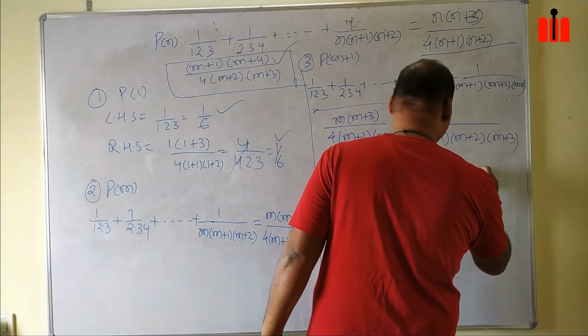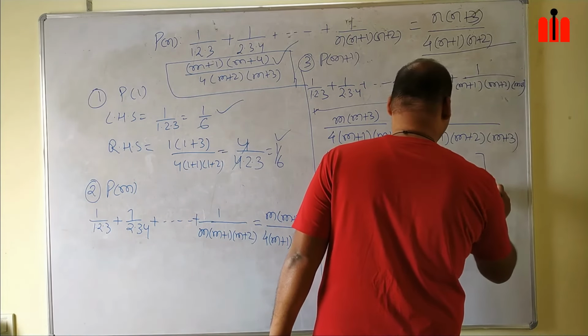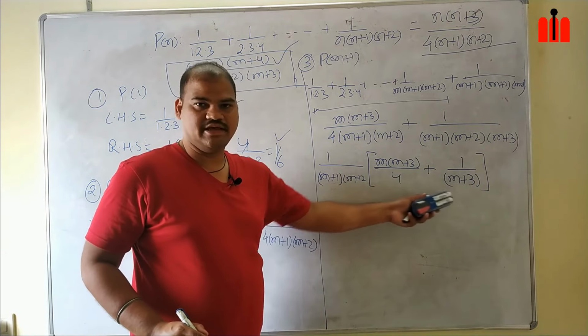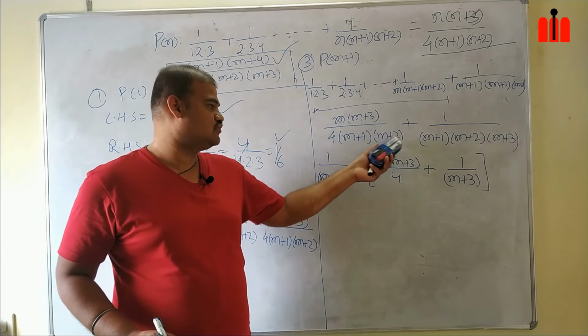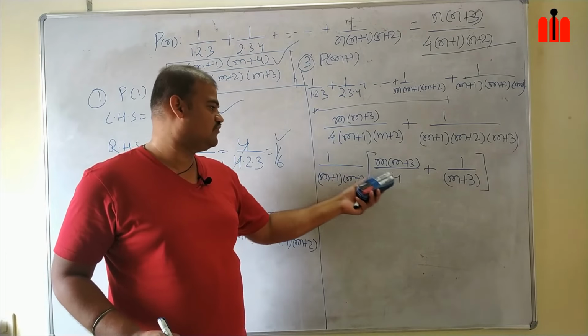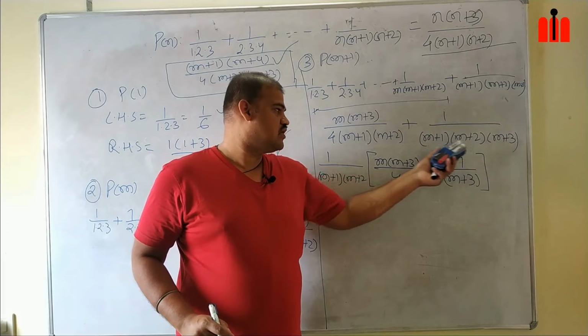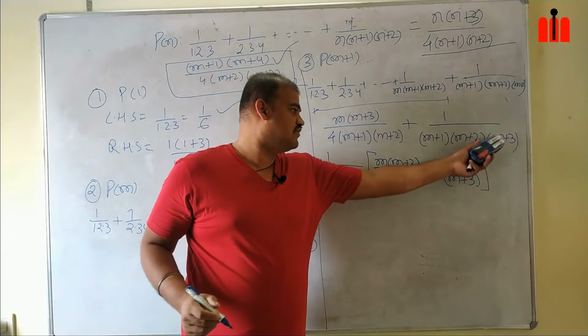So let's write it down. Now let's take the LCM. You understood this, right? M plus 1 and m plus 2 are taken common. So we are left with 4 here and numerator m plus 3, and here we are left with m plus 3 only.